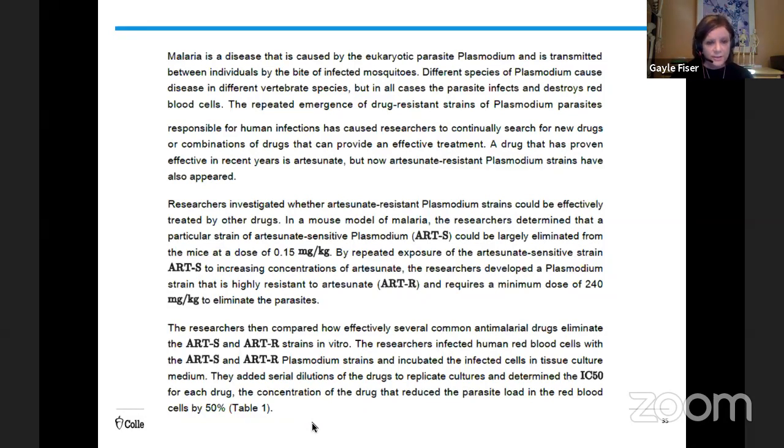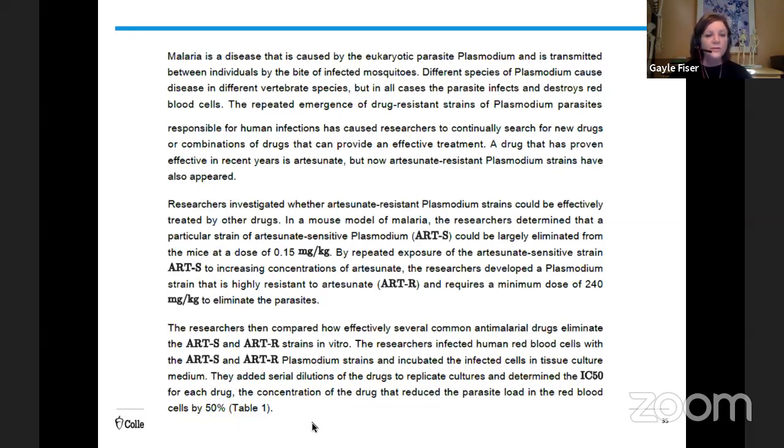All right, so the researchers then compared how effectively several common antimalarial drugs eliminate the ARTS and the ARTR strains in vitro. The researchers infected human red blood cells with the ARTS and ARTR plasmodium strains and incubated the infected cells in tissue culture medium.